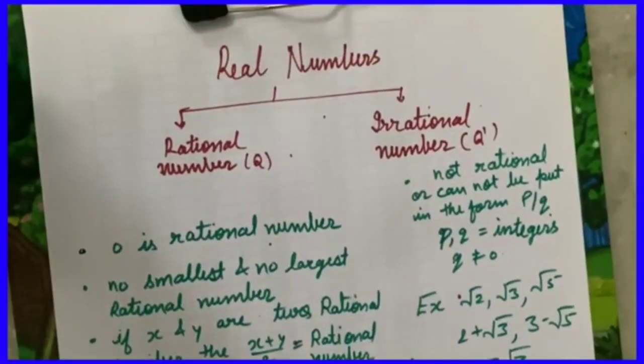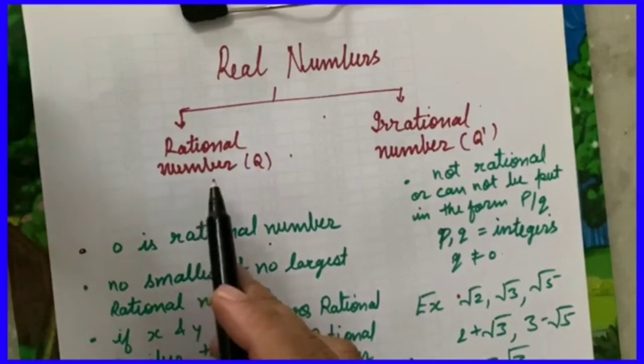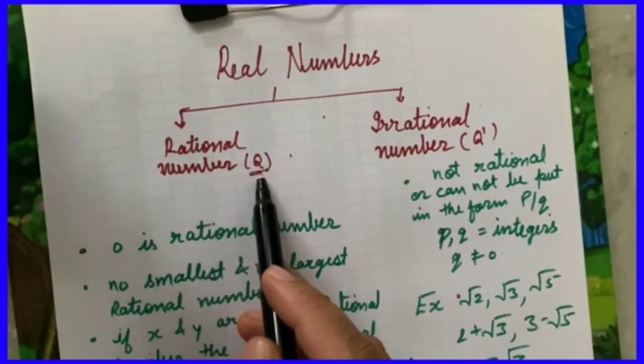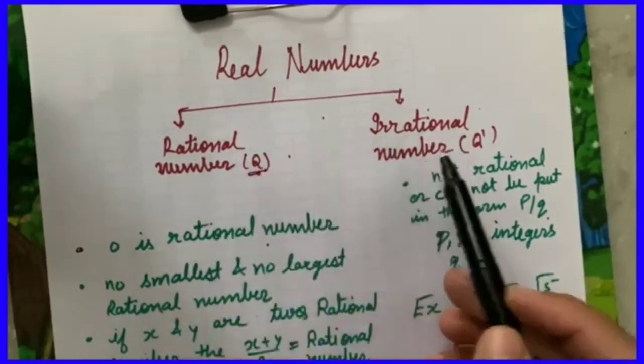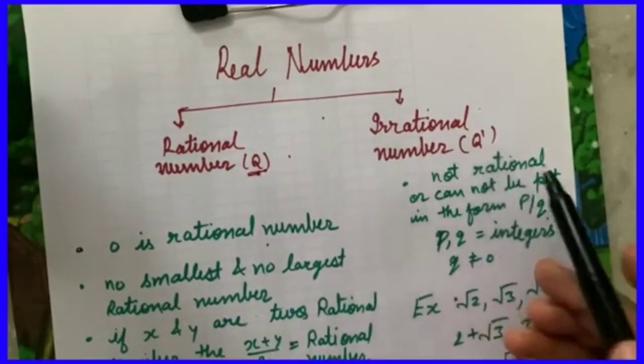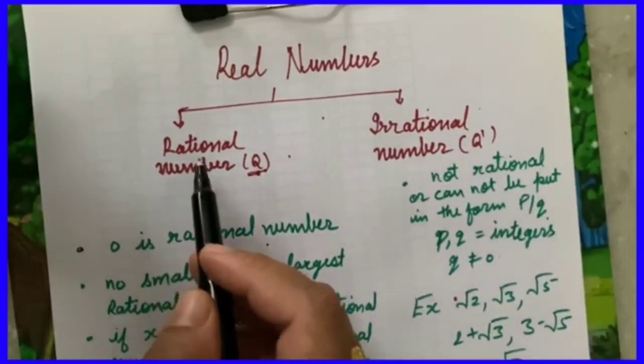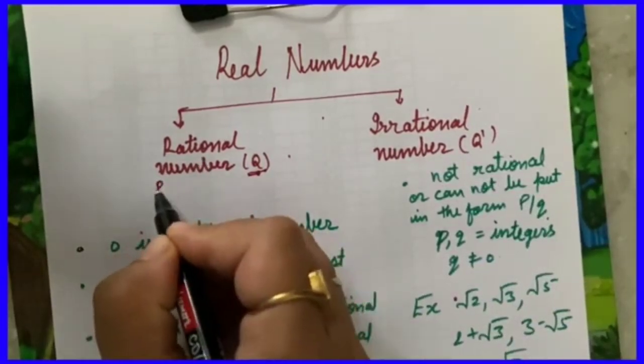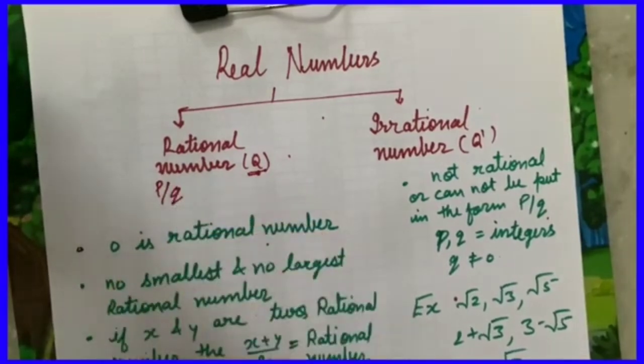Now these real numbers can be divided in two parts: rational numbers, which is denoted by Q, and irrational numbers denoted by Q dash. Now rational numbers are numbers that can be represented in terms of p by q form. Fine.